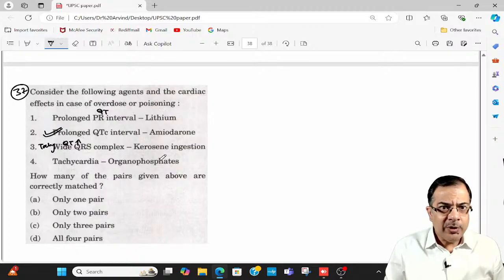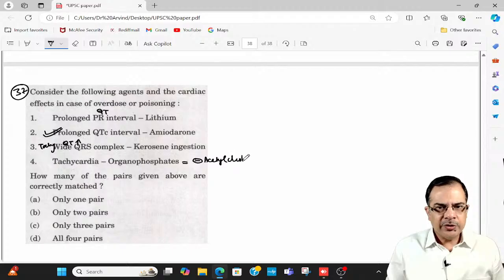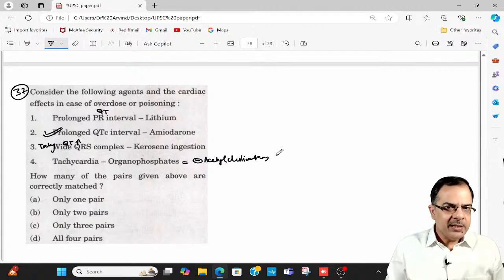Organophosphorus, acetylcholine activity is more. Acetylcholine activity will be more here. So tachycardia for organophosphorus? So basically it is an inhibitor of acetylcholinesterase. As a result, acetylcholine level will increase.